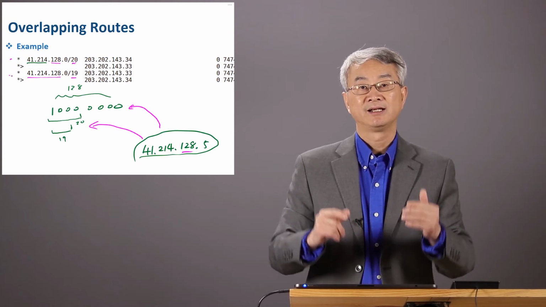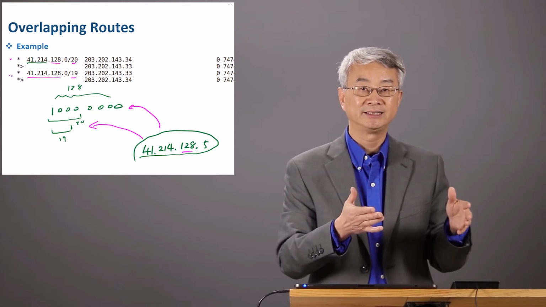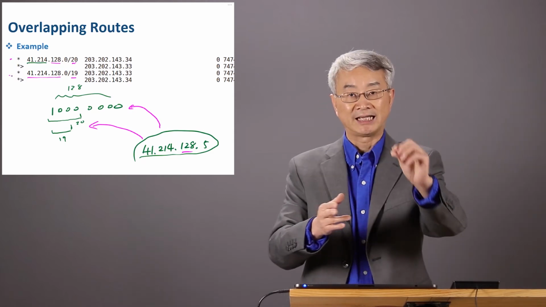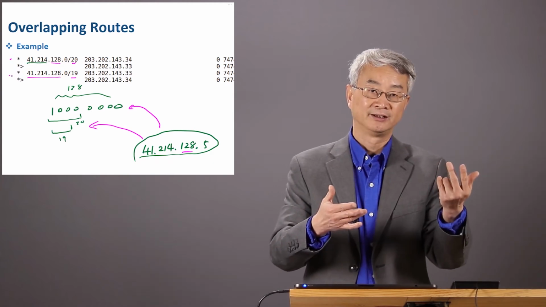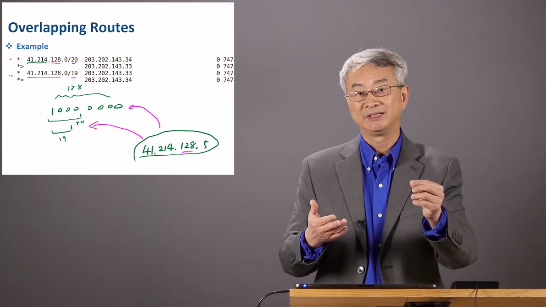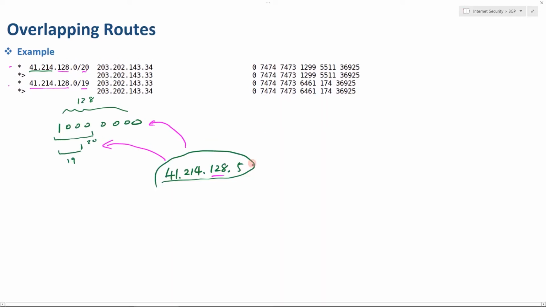In this case, I have two matches, but for the /19 only 19 bits are the network ID, so the number of bits matched is 19. For the /20, the number of bits matched is 20. So this /20 is going to win, and this route is selected.